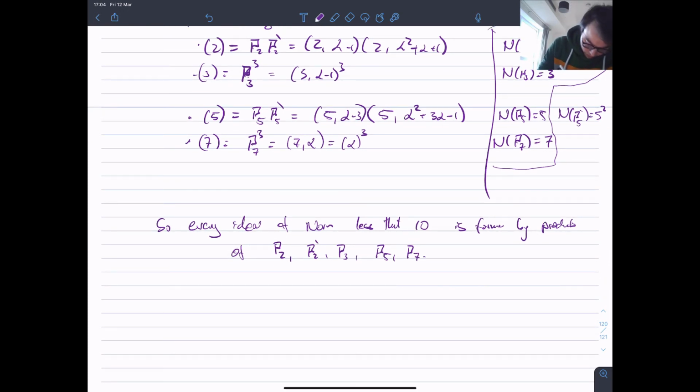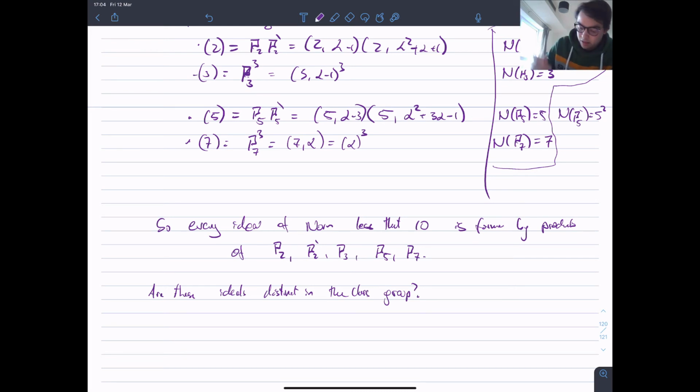And the next question is, are these ideals distinct in the class group? Question mark.